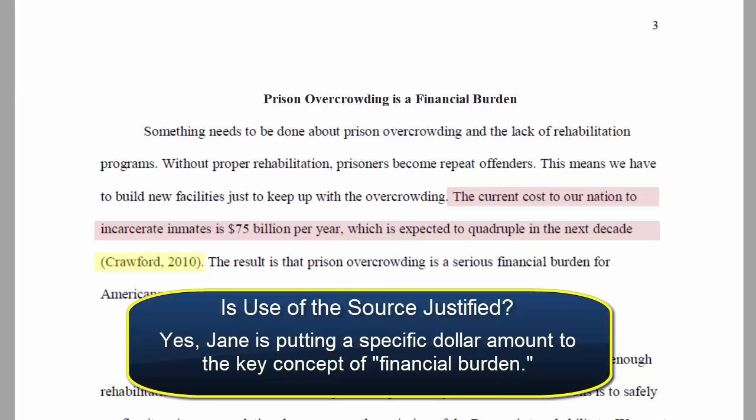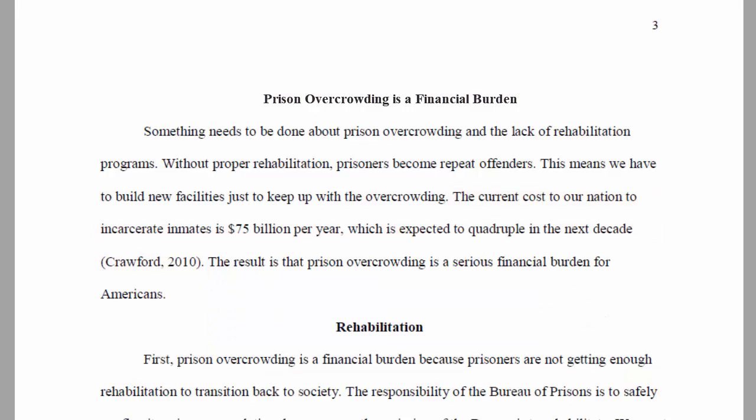Jane's subject is the financial burden of the prison system. So, it was important for her to establish right away the numbers that support this notion of financial burden. To summarize, in her introduction, Jane used a single source in an effective way, summarized instead of quoted, for an important reason, to provide clarification of what she meant by financial burden.